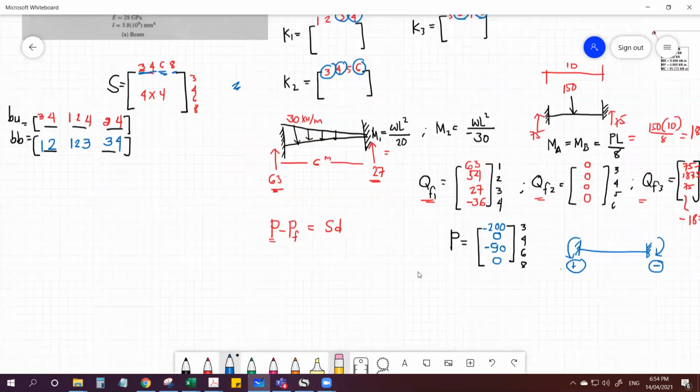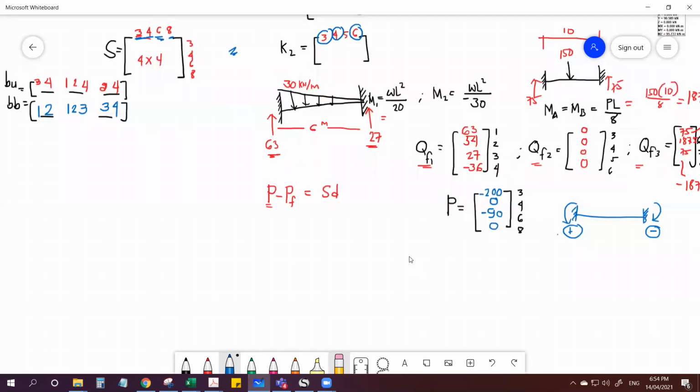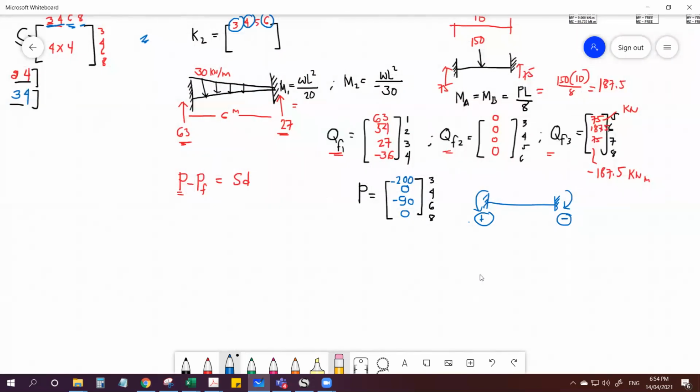Okay, so how about the PF? What's the final PF vector? Our PF will be coming from the QF. Again, this is corresponding to 3, 4, 6, 8.